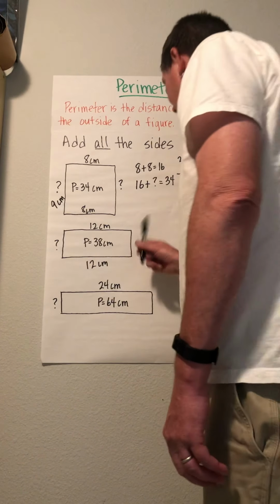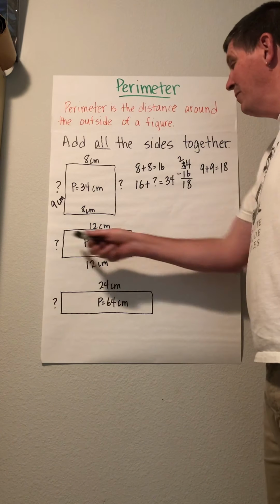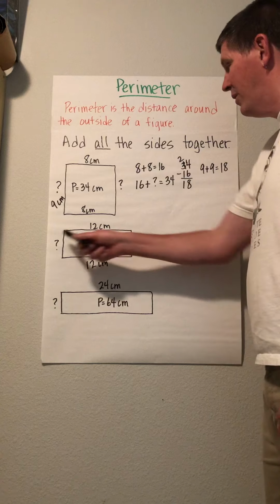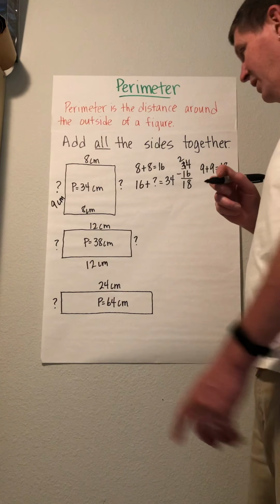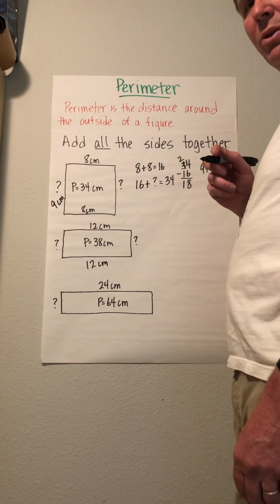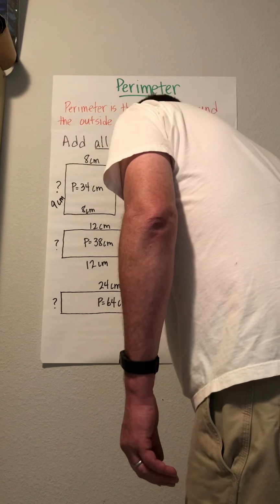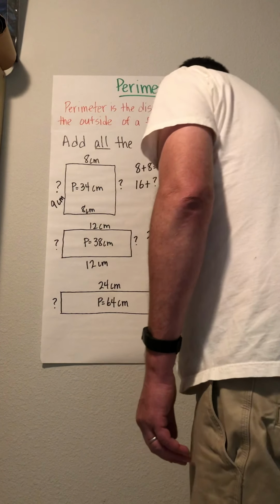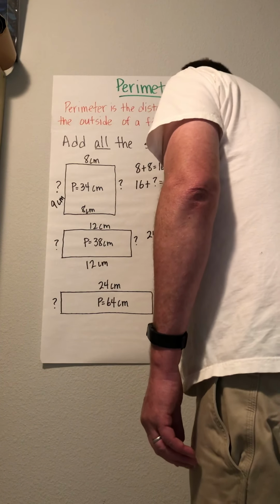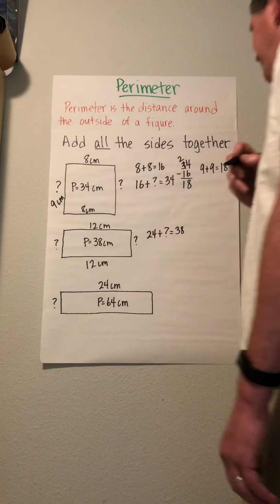And we know that we don't know what that equals. But these two sides are the same. So 12 plus 12 equals 24. So 24 plus something equals 38.